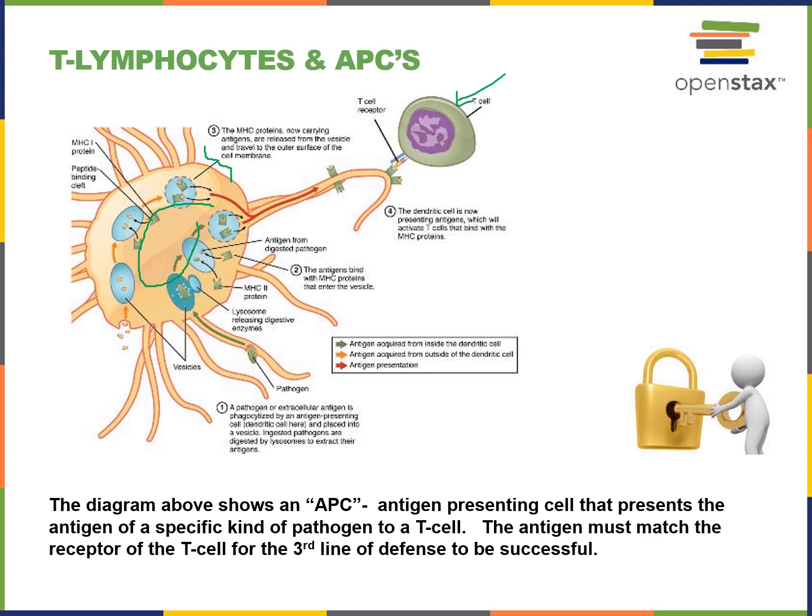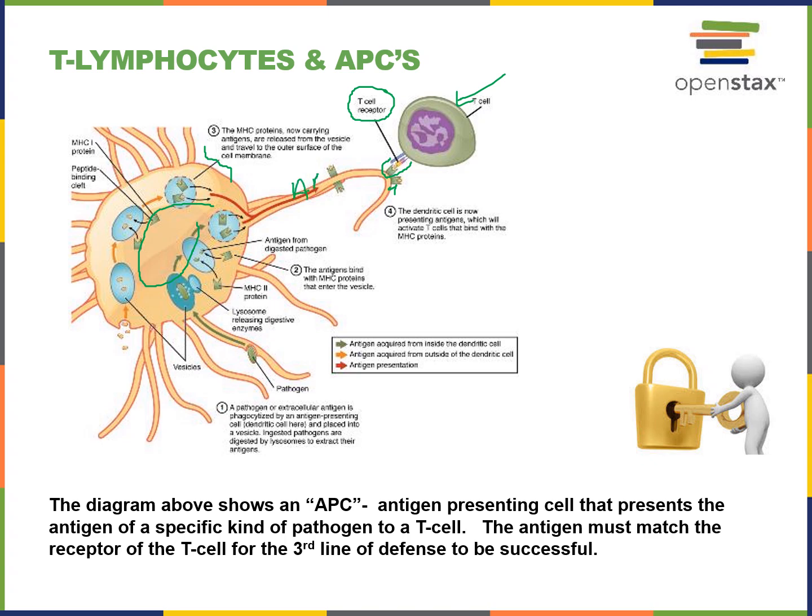And the T cell has a specific receptor also. Just like the antibody is a receptor on a B cell, the T cell has a T cell receptor. And that T cell receptor has to be able to bind to the molecule that is presented to the T cell with the antigen in its groove. So what's sort of barely visible here is the dark green is a molecule that is found on the surface of the APC.